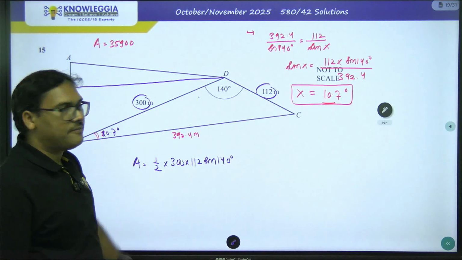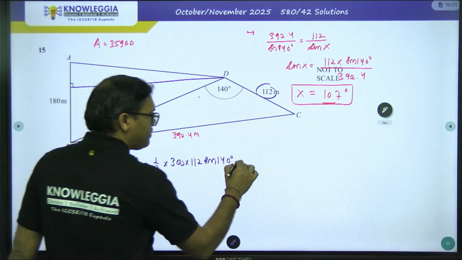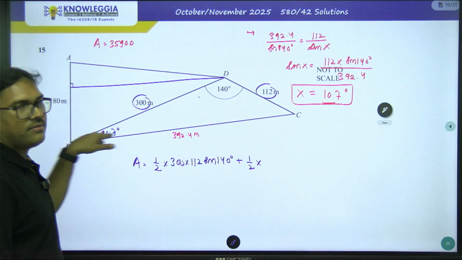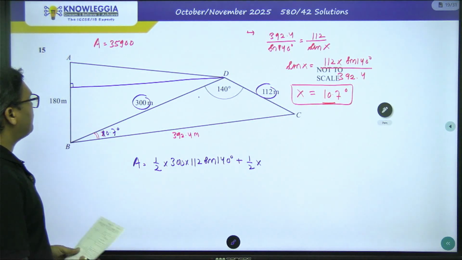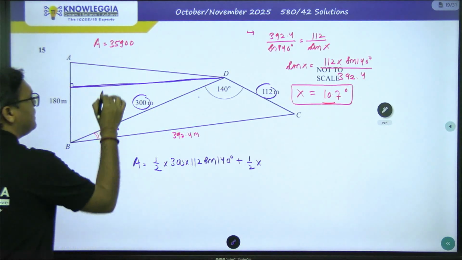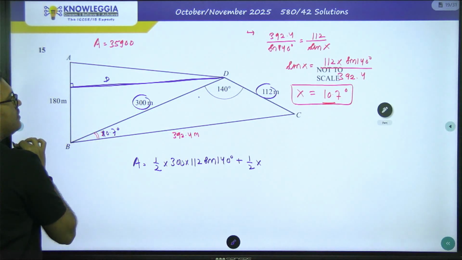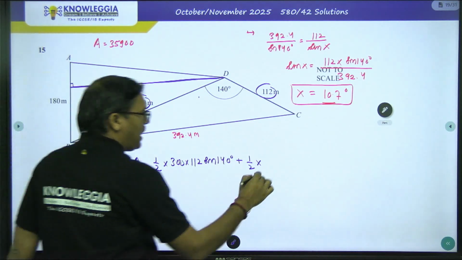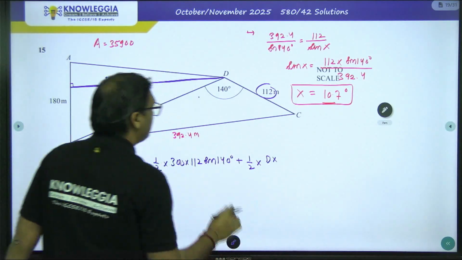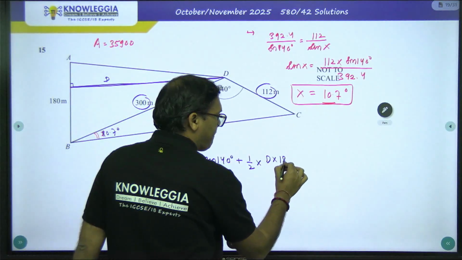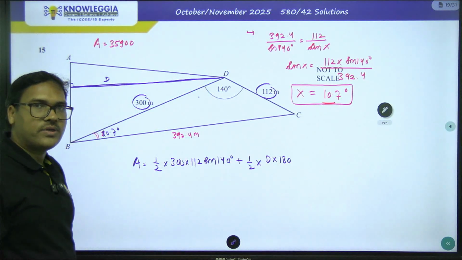This is the area of this triangle, plus half. Now what is the area of this triangle? Let's say this length which we need to find is D. This is perpendicular, so in this triangle, this is the height. This is half base into height. So this is height D, and the base is 180. This is the total area.